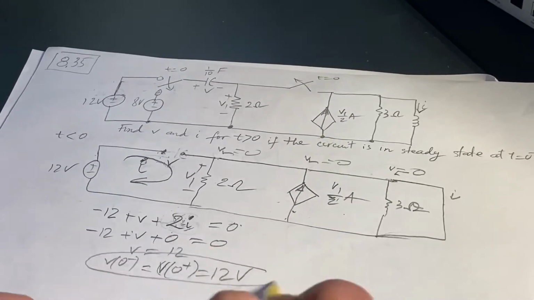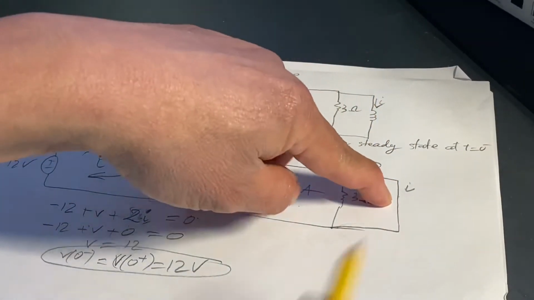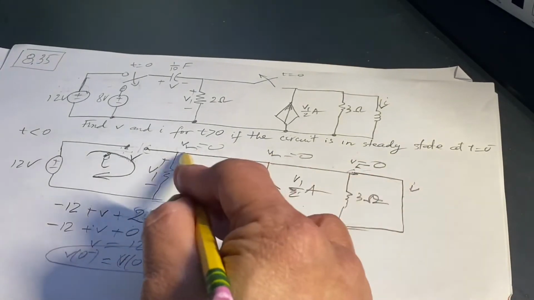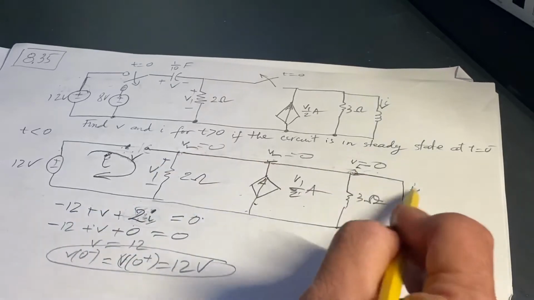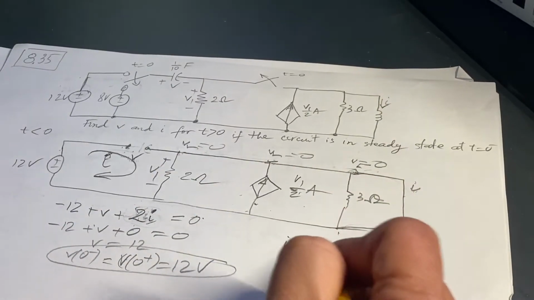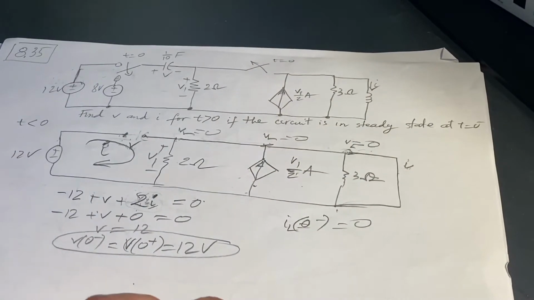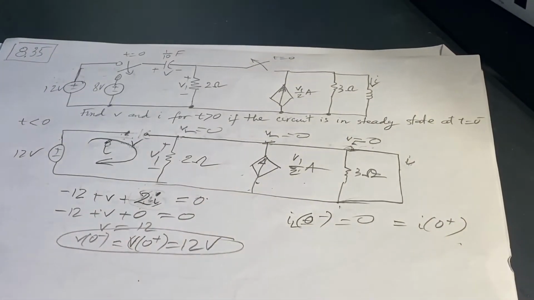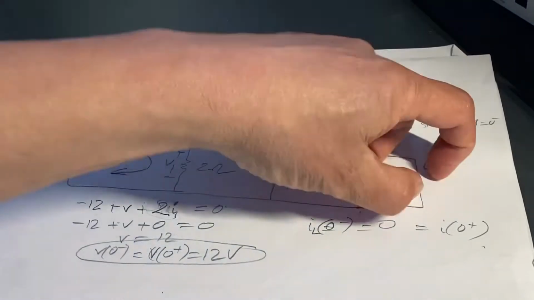And I already said at the beginning that the voltage right here goes to ground, so the inductor current IL at the initial value equals 0, that means I at 0 plus equals 0. Now the state at t less than 0, we already found, voltage and current.